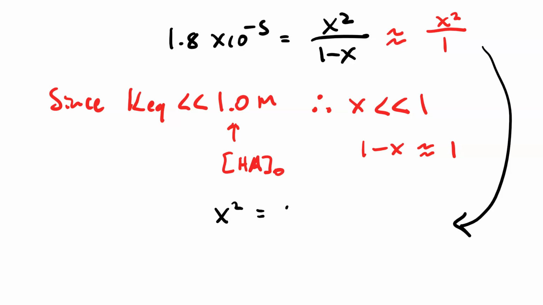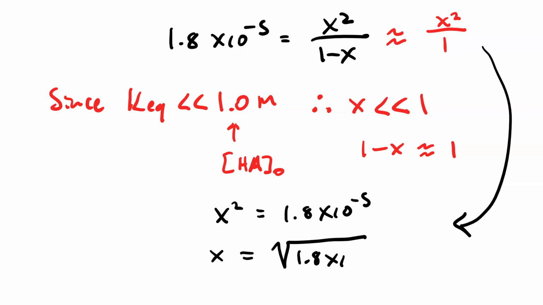So now we say x squared equals 1.8 times 10 to the negative fifth, and x equals the square root of 1.8 times 10 to the negative fifth, which is equal to 4.24 times 10 to the negative 3.